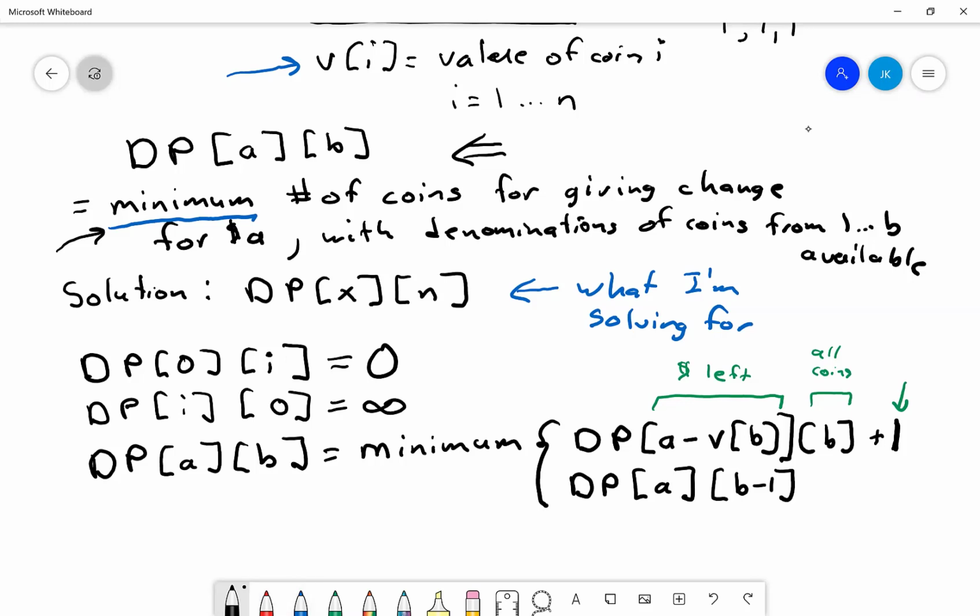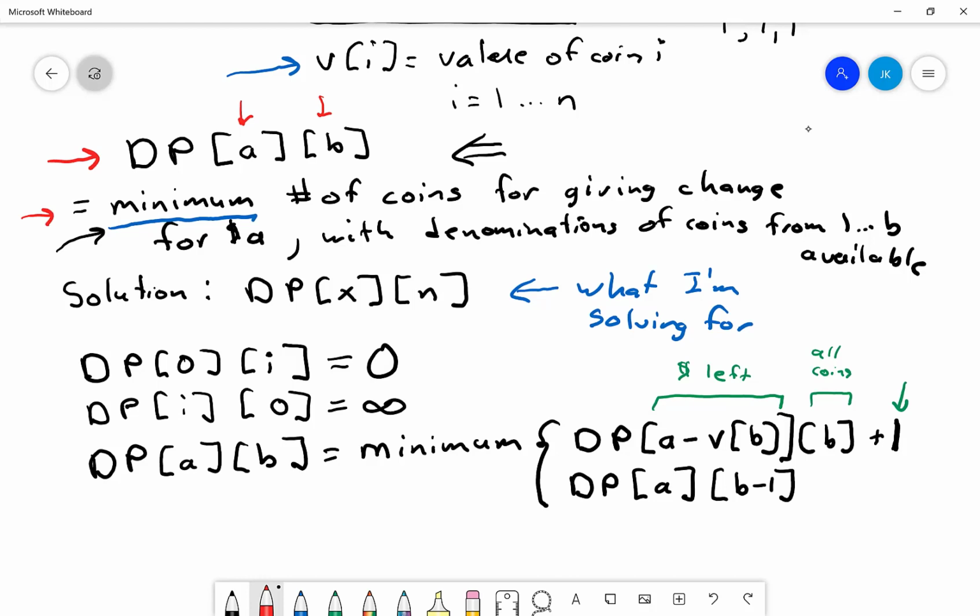We try to come up with a way of defining dynamic programming as a recursive problem with, in this case, two parameters, A and B, and we can clearly define what that thing is. The first parameter is the number of dollars we need change for.